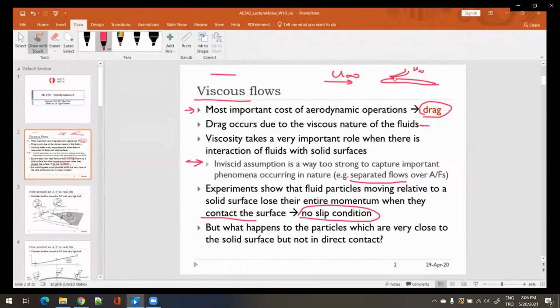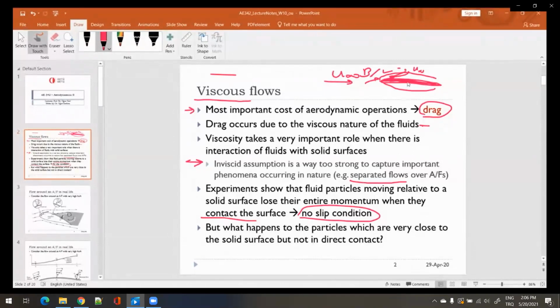So in reality, this region where it goes from zero to U infinity is what we call the boundary layer around the blade, where the viscous effects are heavily dominant, where the fluid particles lose their momentum, and the momentum loss in turn comes back to us as drag.